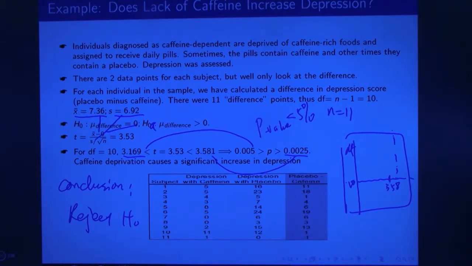We can see from this example that the matched pair t procedure is almost the same as the ordinary t procedure. We just form a difference between the two populations or the two samples, then we just follow the same steps to do this.